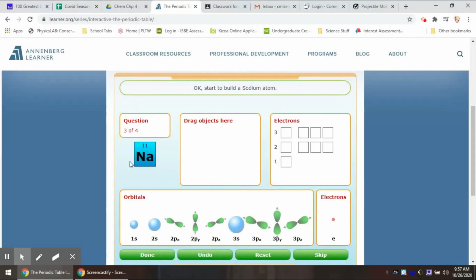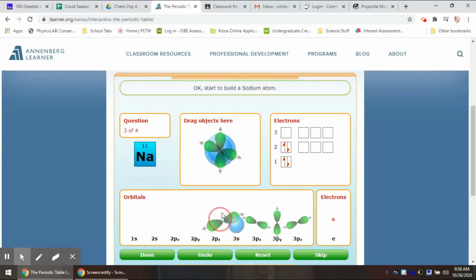Now we've got sodium. So we need 11 electrons. We're going to fill up our first energy level with 2. Then we're going to put our second energy level, our S. We'll put 2 in there. And now we can start adding our P's. So we're going to need all 3 of them this time.